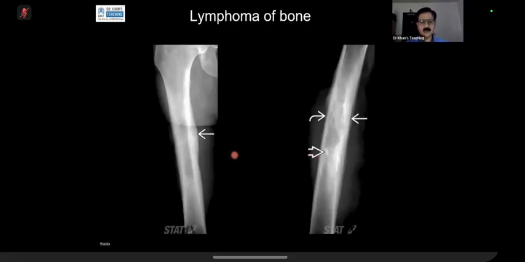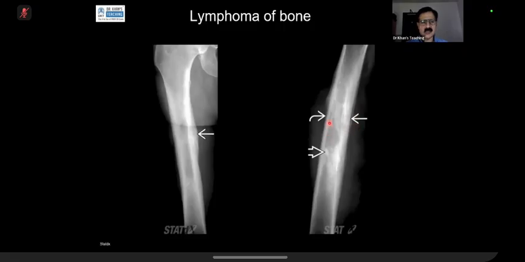Look at this lymphoma. Now, I will describe it for you, and then candidate 2, I will ask you a question, and on that question, I will give you a mark. Now, if you see here, it's an aggressive lesion. Look at this cortex. This cortex is thickened. There is periosteal reaction.